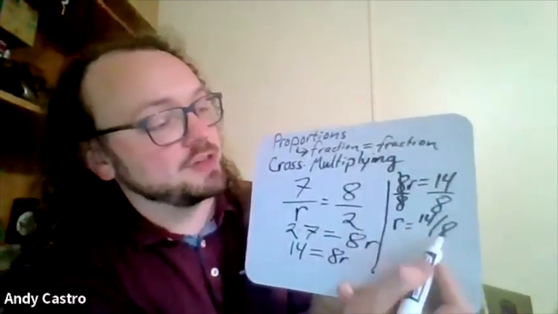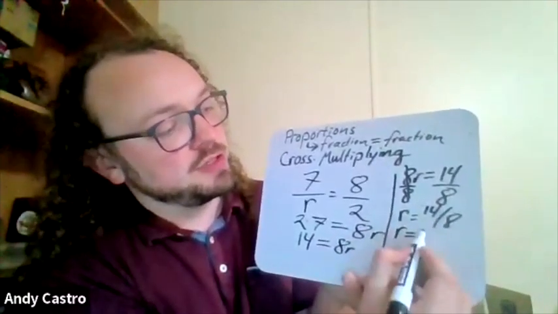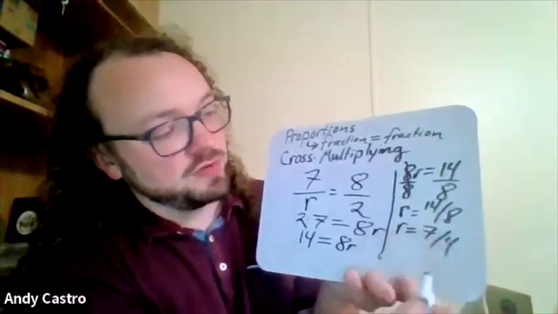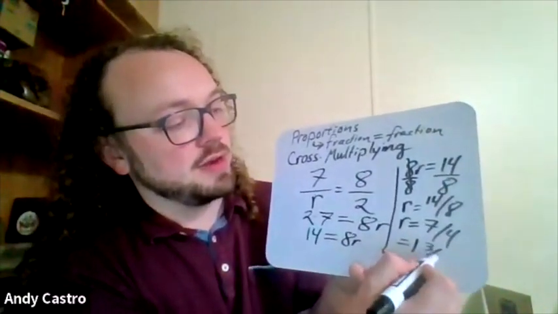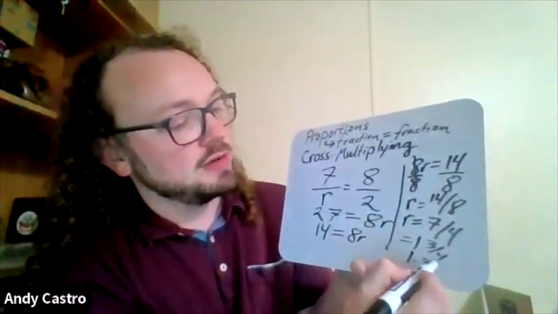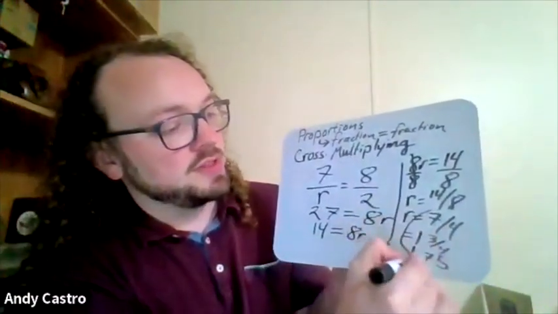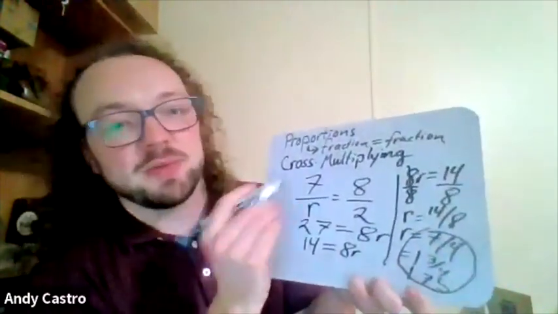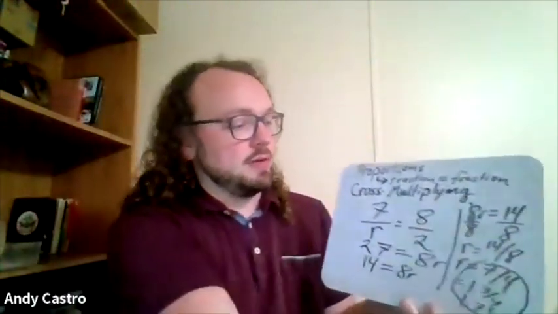They have a common factor. So if I divide both of those by 2, I have 7 over 4, which is the same as 1 and 3/4, or as George said, 1.75. Right? All of these are the same number. Acceptable answers mean the exact same thing.